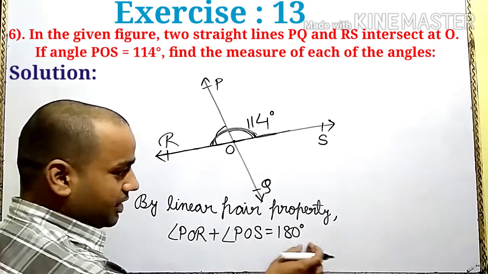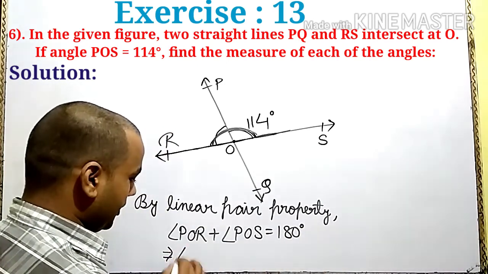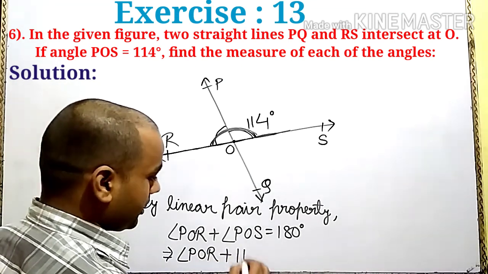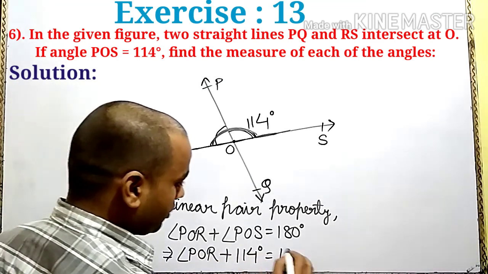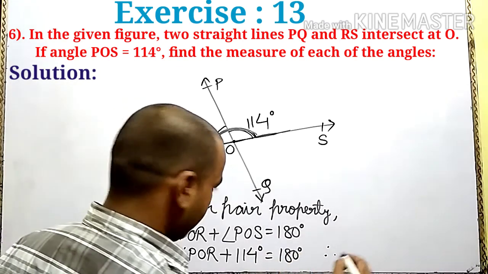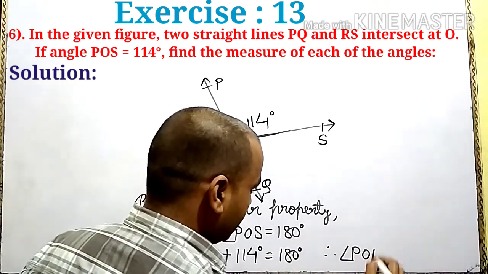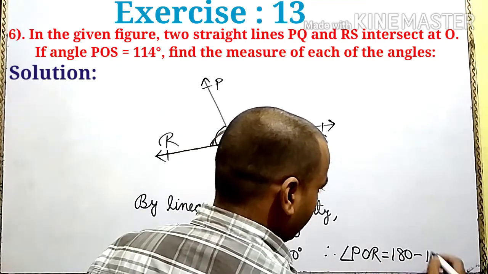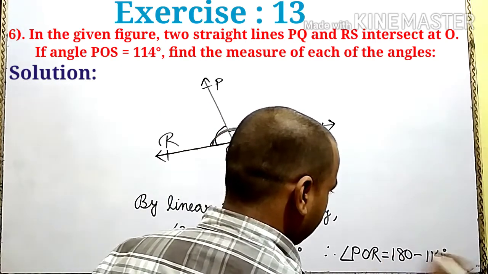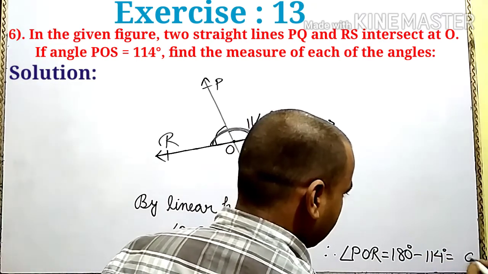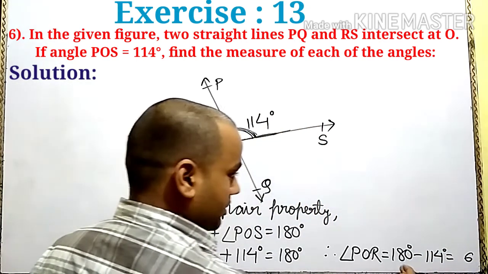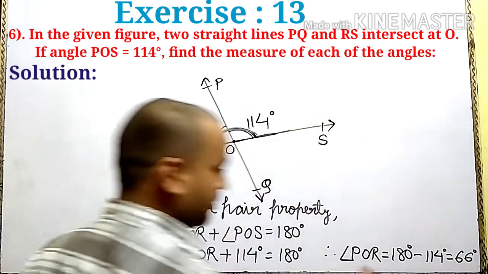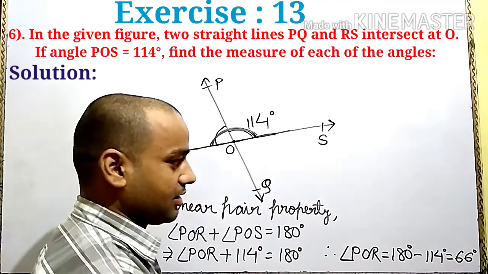Angle POR plus POS given 114 degree is equal to 180 degree. Therefore, angle POR is equal to 180 degree minus 114 degree. We get angle POR is equal to 66 degree.